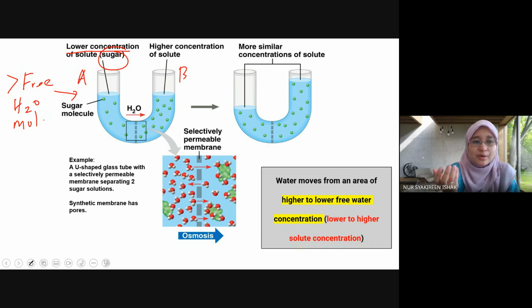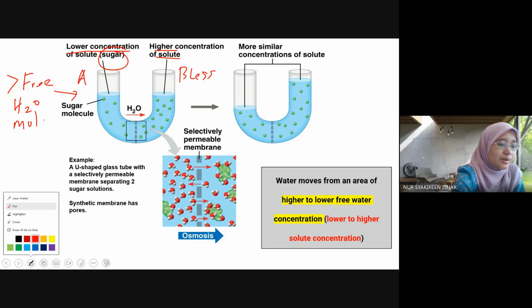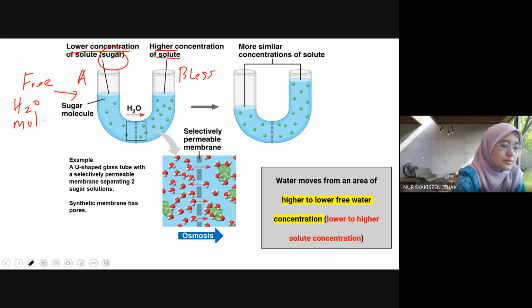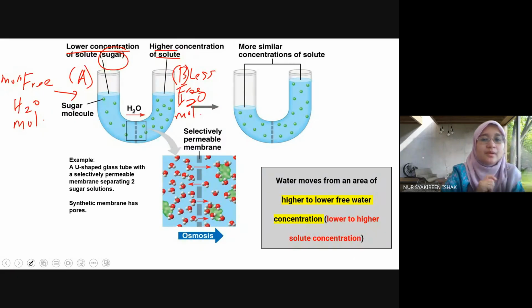On the B side, it has more solute, a higher solute concentration. So when the B side has a higher concentration of solute, it means that it has less free water molecules.